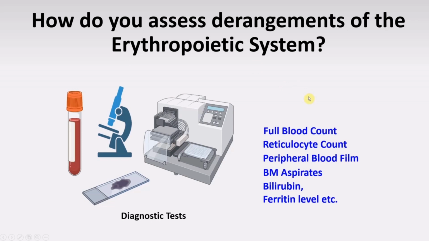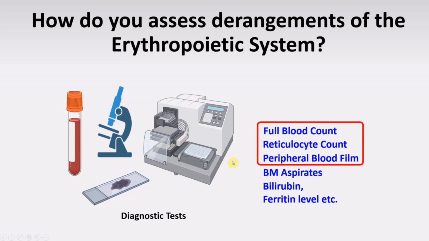For the blood system, there is a whole range of diagnostic tests available today. Full blood count, for example, is a common one. We also have reticulocyte count and the peripheral blood film. These top three are the diagnostic tests that we will be focusing on for this recorded session.